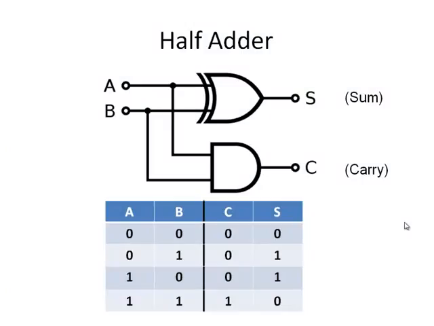Here's a first example of a useful circuit to be built using a couple of logic gates. This is actually quite a simple one, only using 2 logic gates. This is building something called a half adder. Our half adder has 2 inputs, A and B, and what it's going to try and do is add those up.